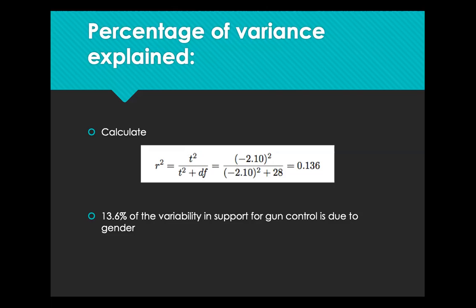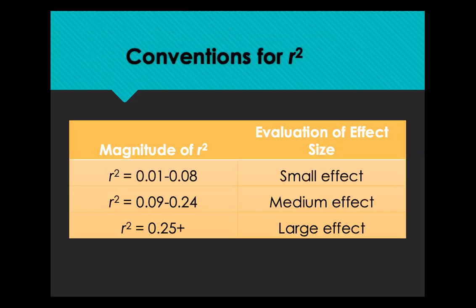And you could say the interpretation of that would be 13.6% of the variability in support for gun control is due to gender. And if you recall, again, the rule of thumb or the conventions for R squared, 0.136 would be in the medium effect range.